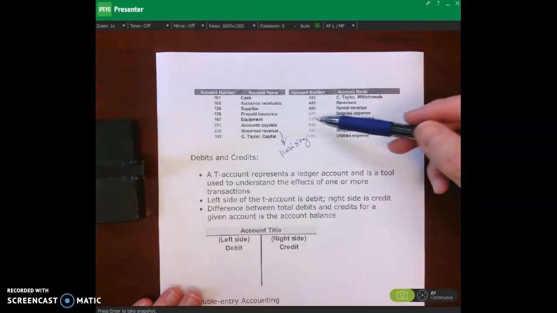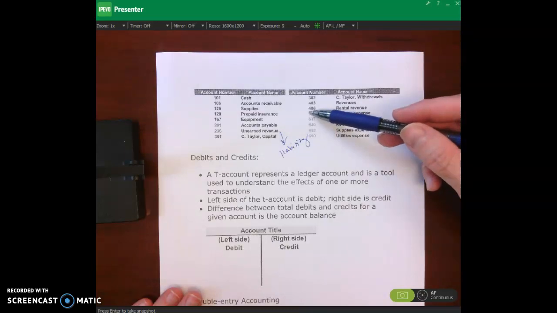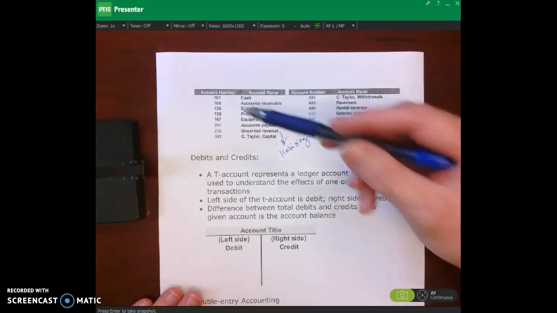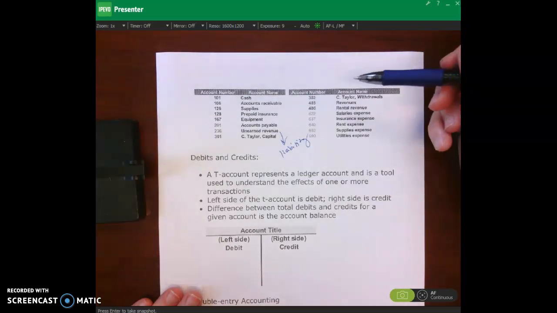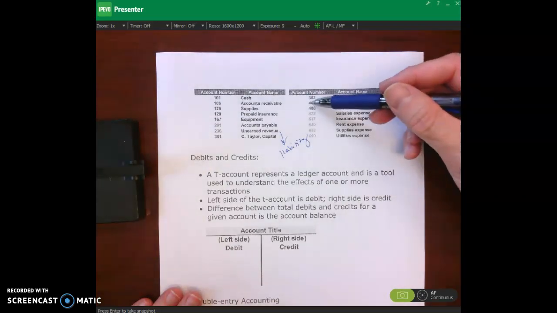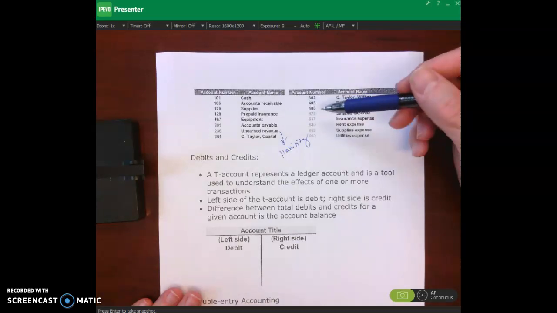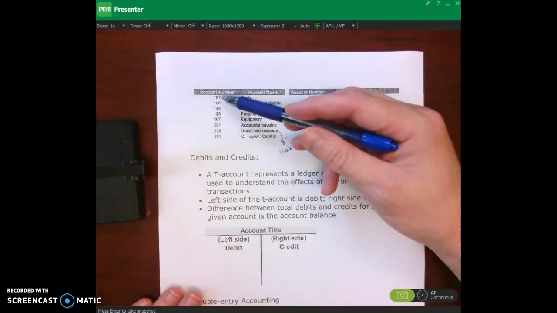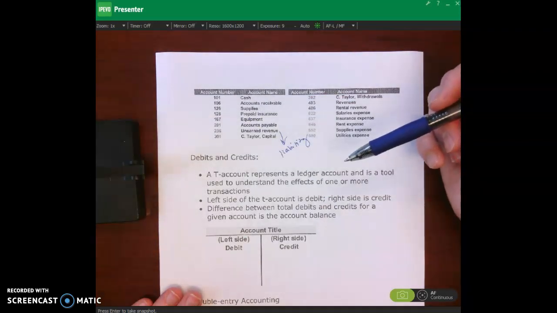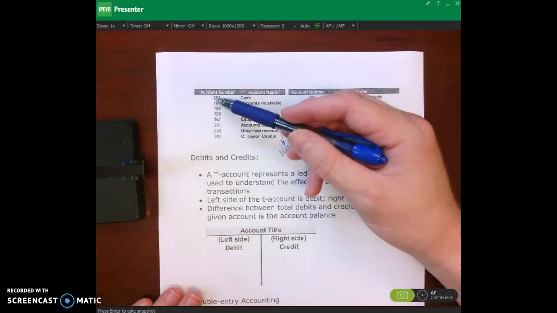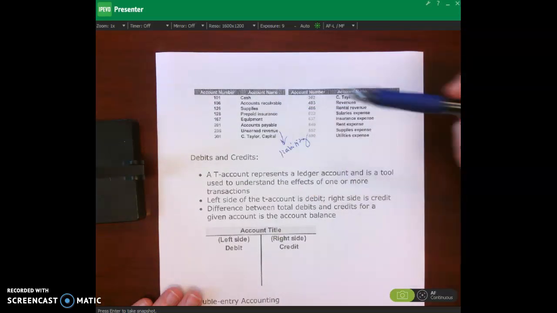Okay. When I used to work in industry, we had something similar to this, and I don't remember if we used 1 for assets or what. But having some type of consistent chart of accounts, some consistent numbering system is a really good idea. So that way if it starts with 1, I know it's an asset. If it starts with 6, I know it's an expense.